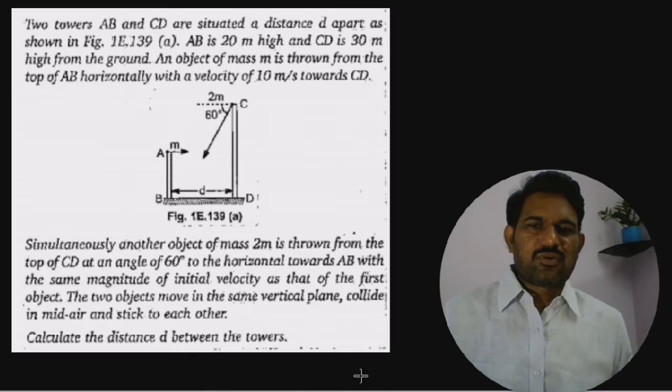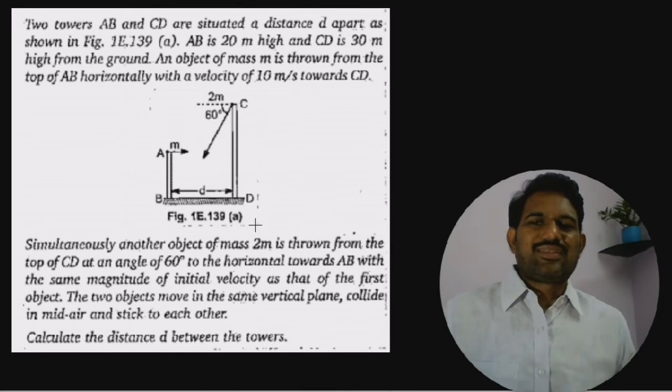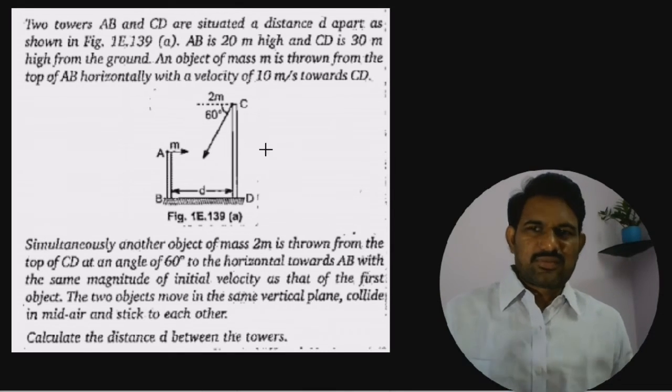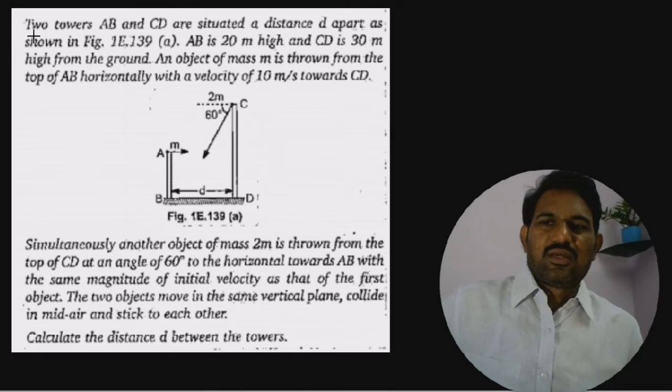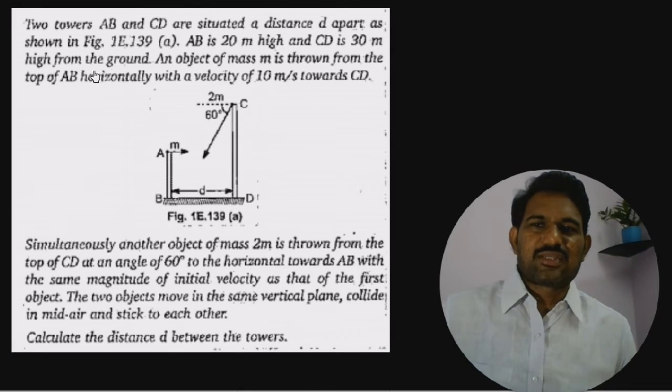And so now let us take another problem here. Actually this type of problem we solved already. Two towers AB and CD are situated at a distance d apart as shown. AB is 20 meters high and CD is 30 meters high from the ground. An object of mass m is thrown from the top of AB horizontally with velocity 10 meters per second towards CD.